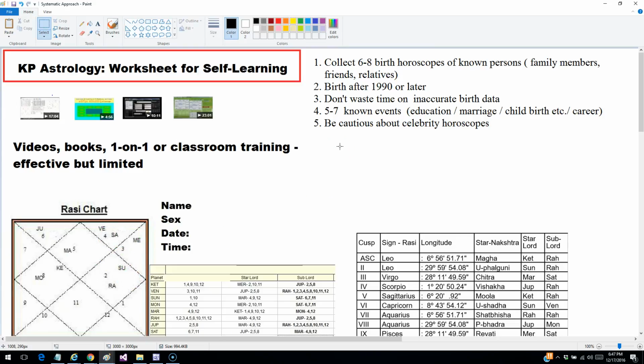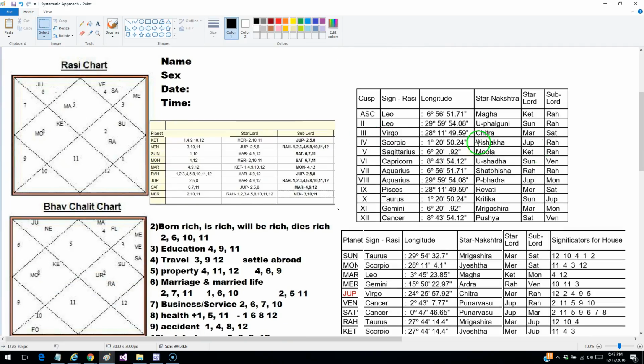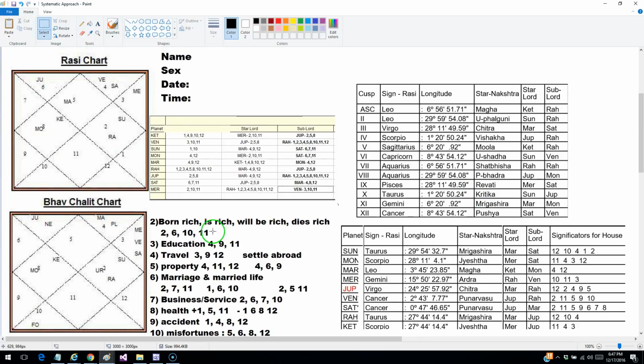So I'm assuming that you know all this. Once you have the chart prepared, then you might want to have a list of questions ready for that particular horoscope that you are going to analyze.